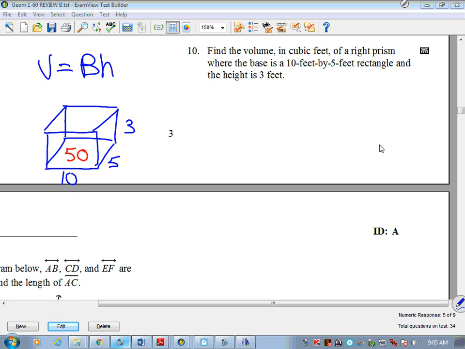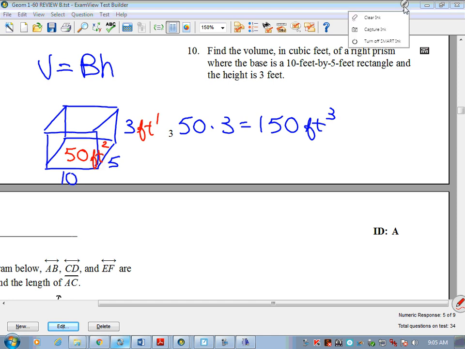So we're going to take that 50 times 3, which equals 150 feet cubed, because that 50 feet here is squared, and this feet here is to the first. So we're going to add those exponents up. We get 150 feet cubed. All right, we'll move on.